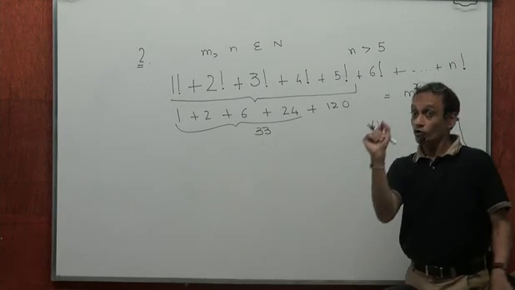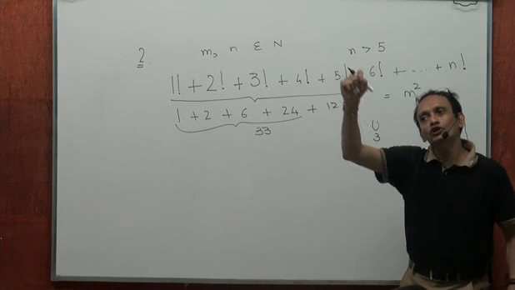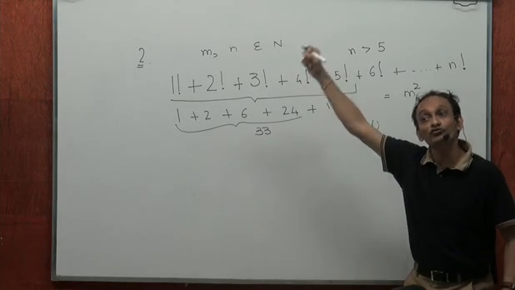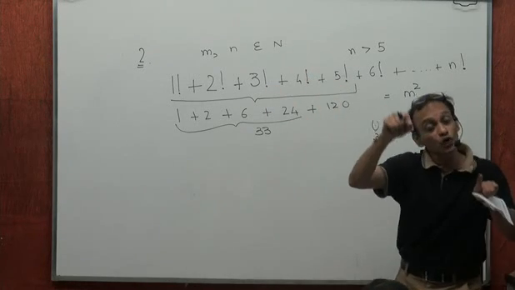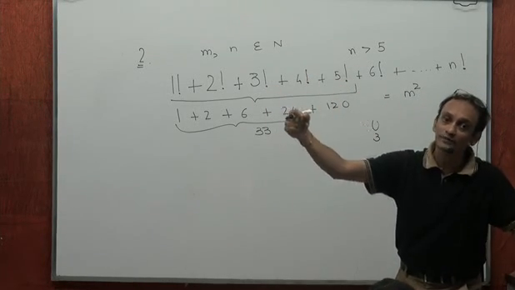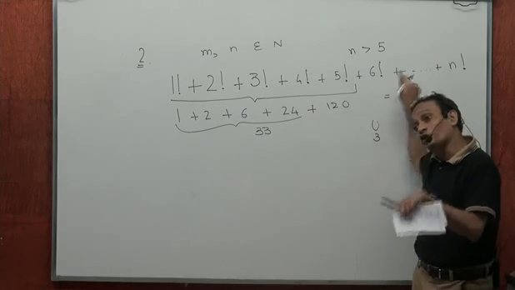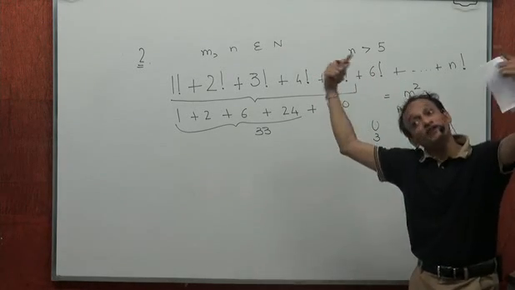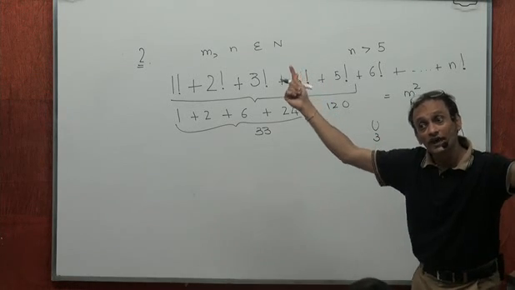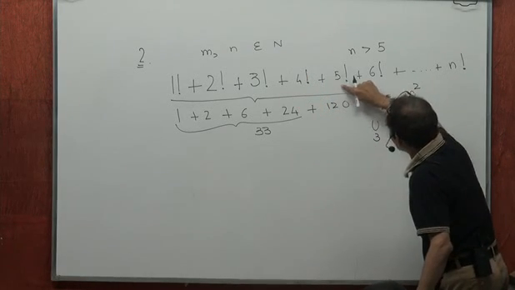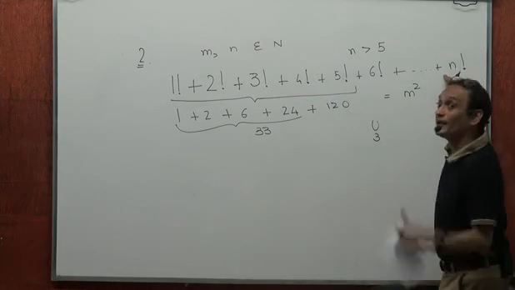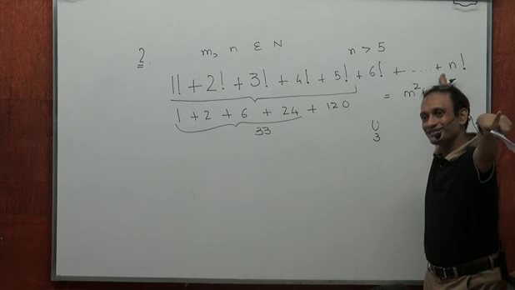6 factorial: 1 into 2 into 3 into 4 into 5 into 6. There is a 2 appearing, there is a 5 appearing, right? So this must also end in 0. 7 factorial also will end in 0. 8 factorial will also end in 0. Yes or no? That means all factorials from 5 factorial onwards will end in zeros.